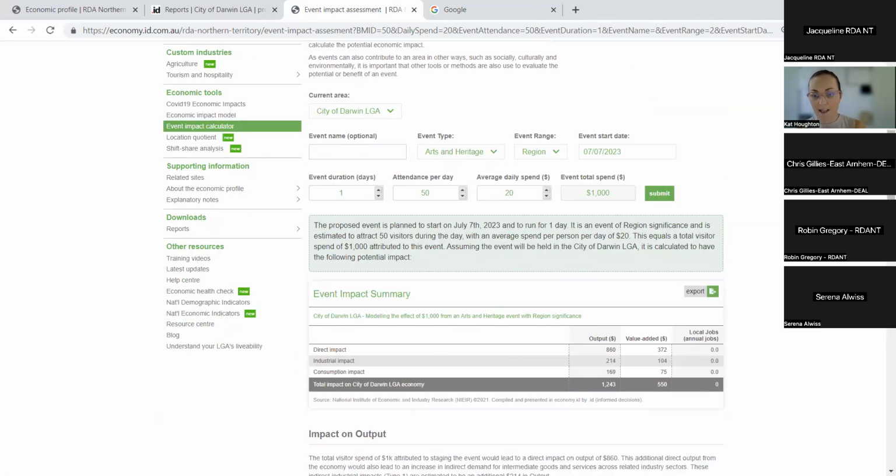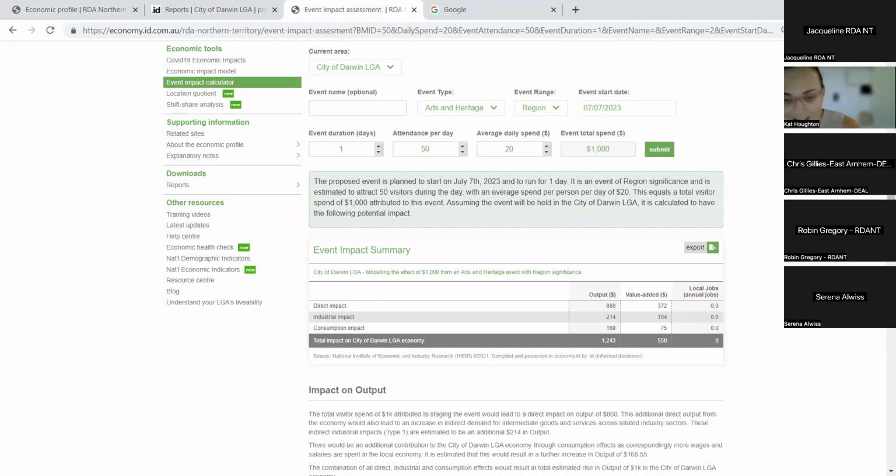I hope I'm not losing anyone here, but you can see there modelling an extra $1,000 per day into the community gives an output of 1,243, and then you could times that by 360 days, and you would come up with what you thought was the additional yearly economic impact of this strategy if it resulted in an additional 50 people per day with an average daily spend of $20 per person.